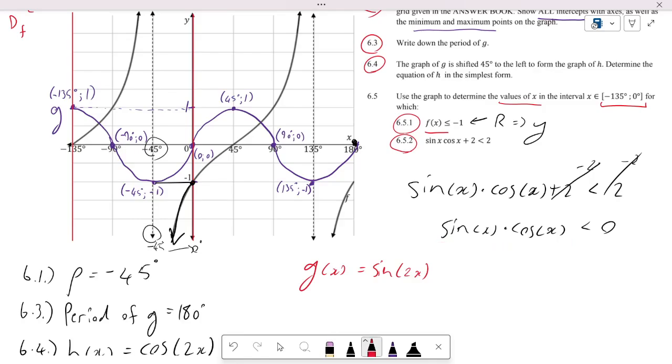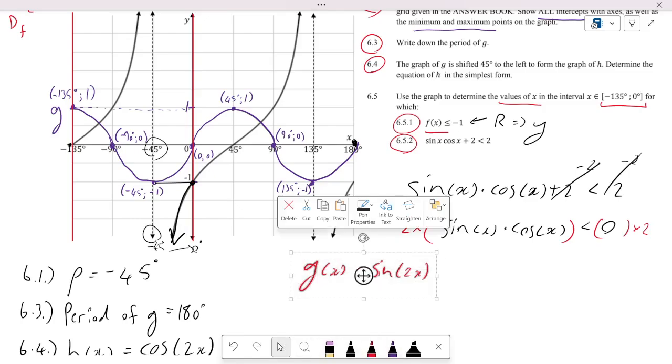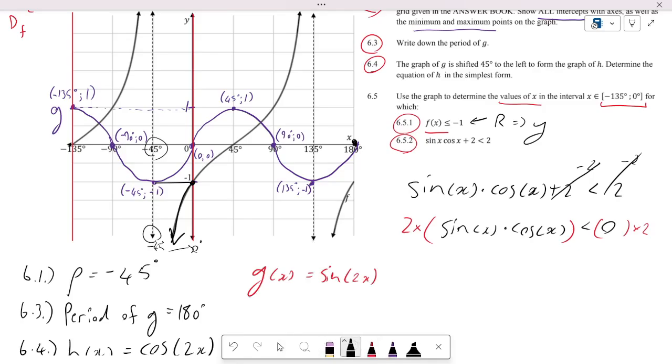So if we were to multiply both sides by 2, we would get 2 multiplied by sine of x multiplied by cosine of x less than 0.